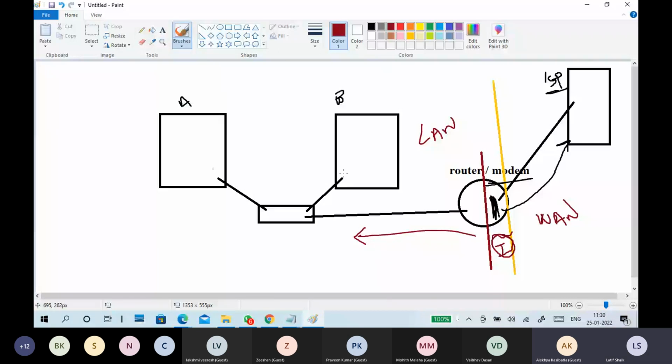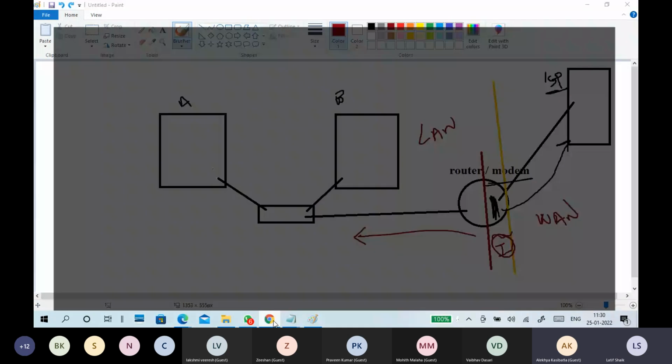Usually, only network, not internet, means you're communicating from here to here only. But if you are communicating from here to here and also outside, outside meaning google.com, facebook.com, youtube.com, and you are accessing those, it means you are connected to the internet.